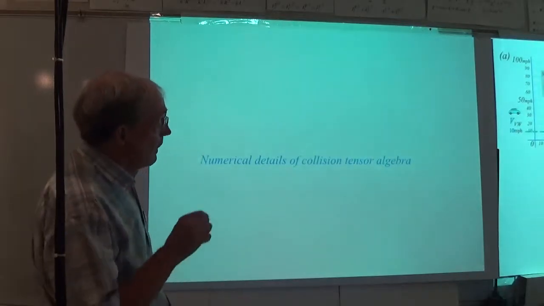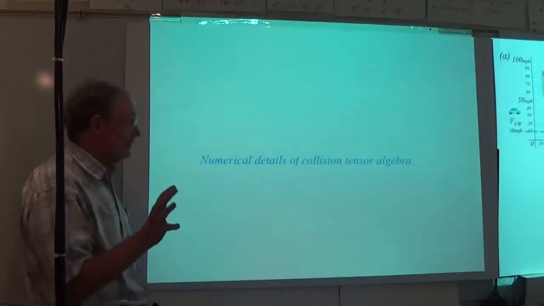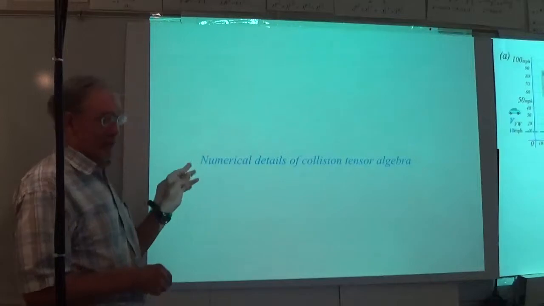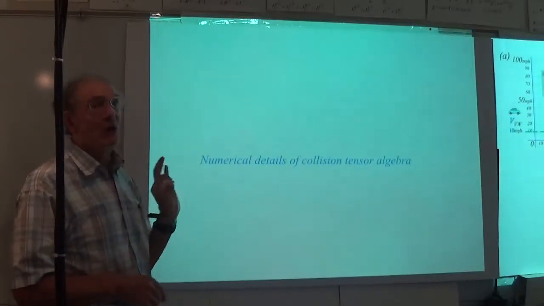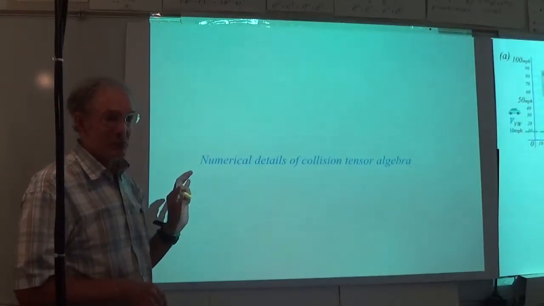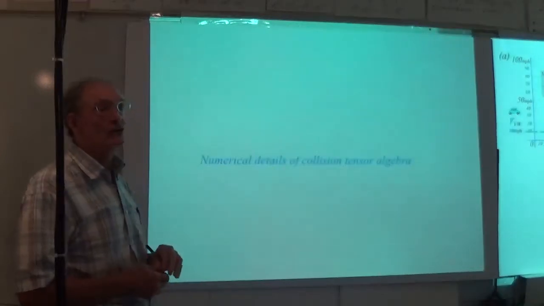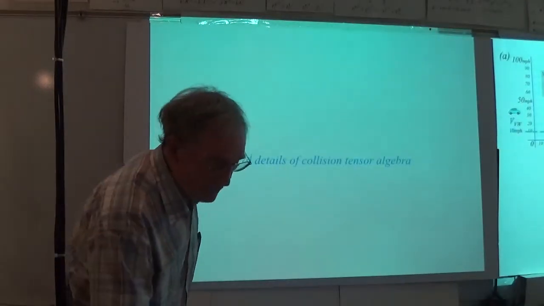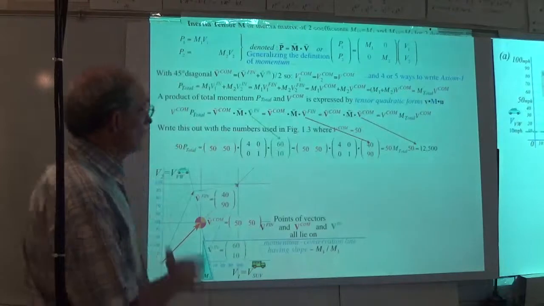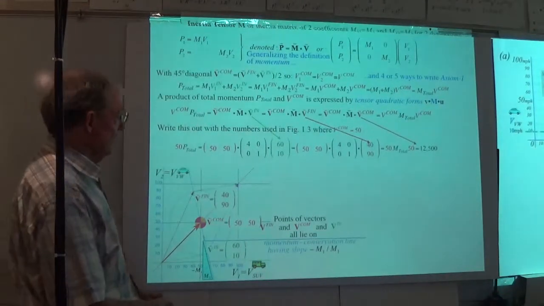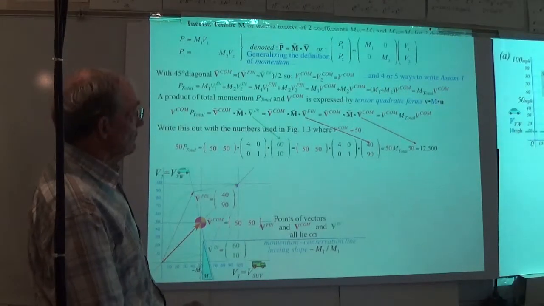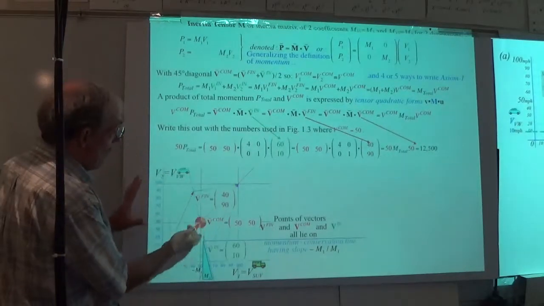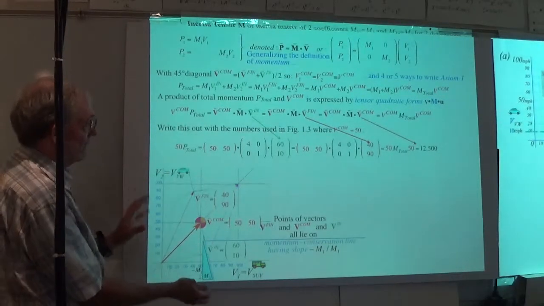So, I want to do the numerical details of this. Now, your first problem, which is due next Tuesday, is to do this, but for very small speeds, parking lot speeds. So we're going to have an elastic collision for the most part in that problem. And here's what you're going to be writing down, or calculating. Also, drawing the geometry to go with it.